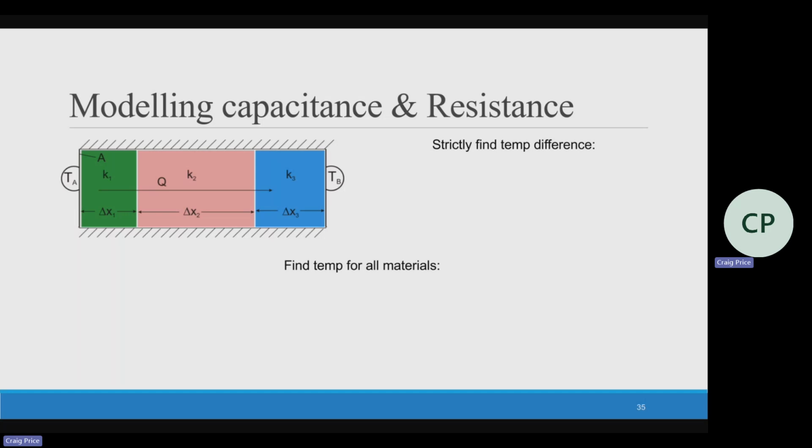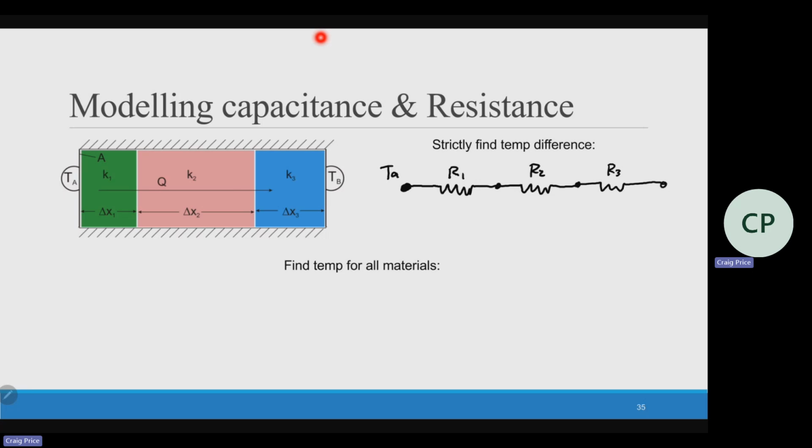And what would happen if I wanted to model all of this? Well, let's say I want to figure out the temperature difference. If I know the outside temperature, T ambient, and I want to figure out the internal temperature, one way I could do it is draw it like a circuit where I have my resistors. We could call this R1, this is R2, this is R3.